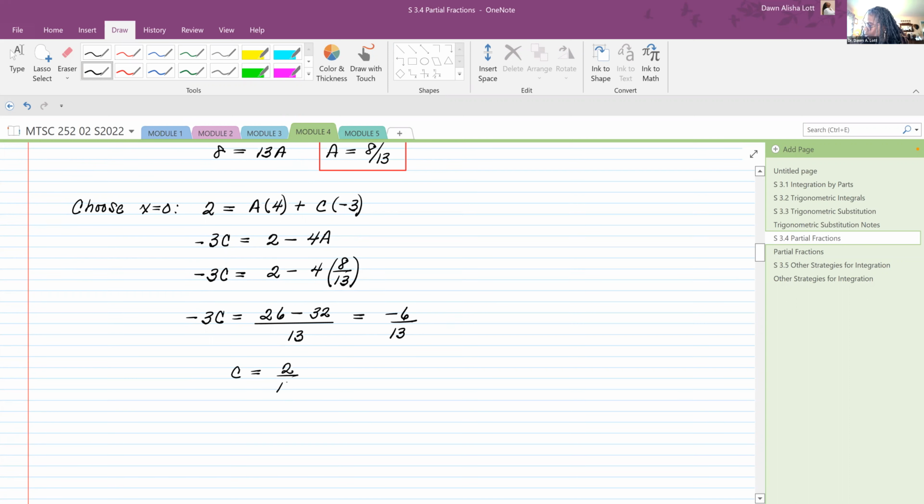Common denominator is going to be 13 again. So I'm going to get -2B is going to equal 26 minus 40 plus 4, over 13. And that looks like -10/13. So when I divide by -2, I get B is equal to 5/13. And I have solved for all of my variables.